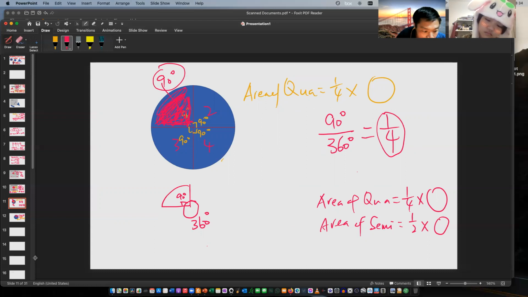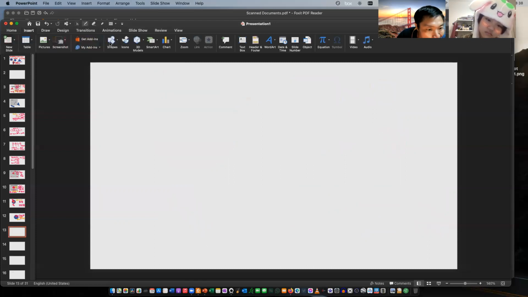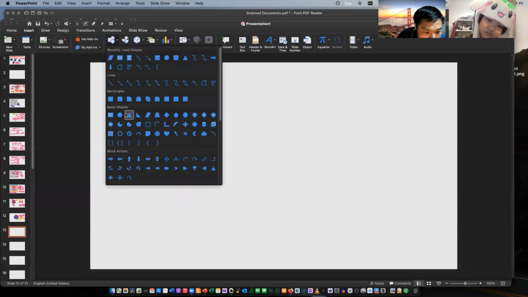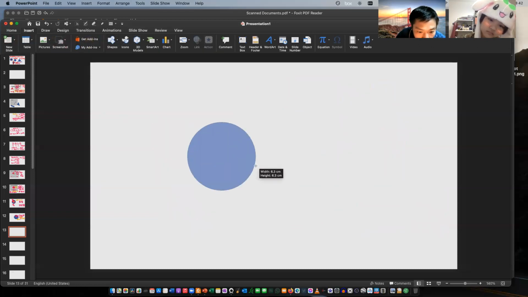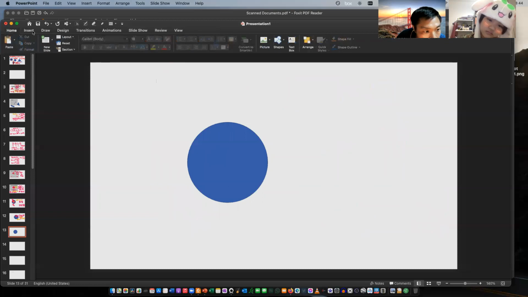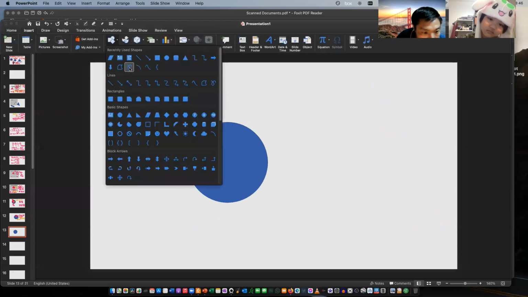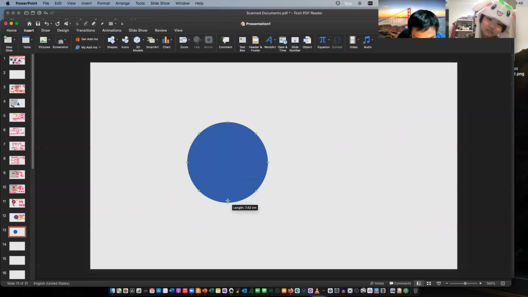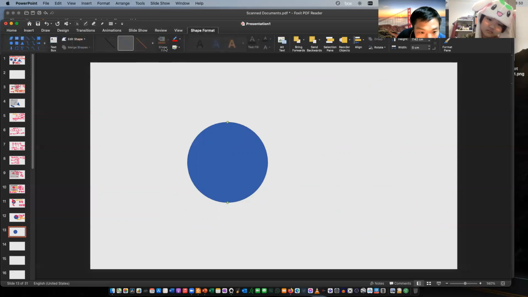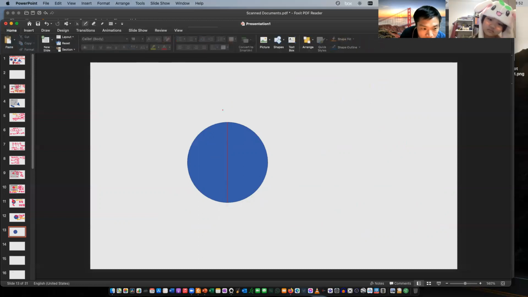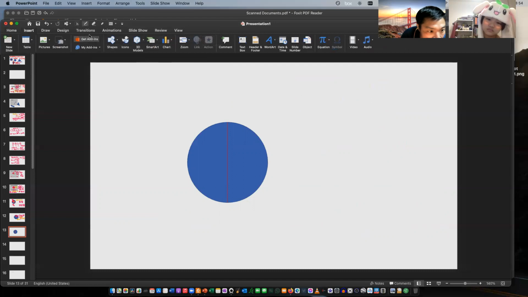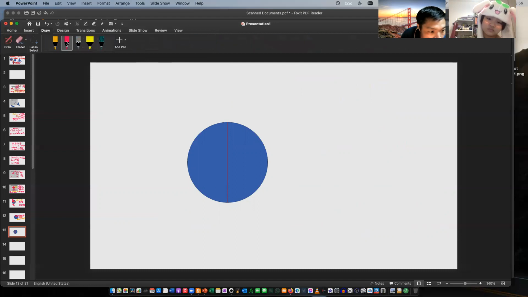Next, let's move on to the semicircle. I hope you slowly get to see why already. So semicircle, at least you or your teacher always asks you to memorize. So it's half. Why half? Can you see? This is 180.